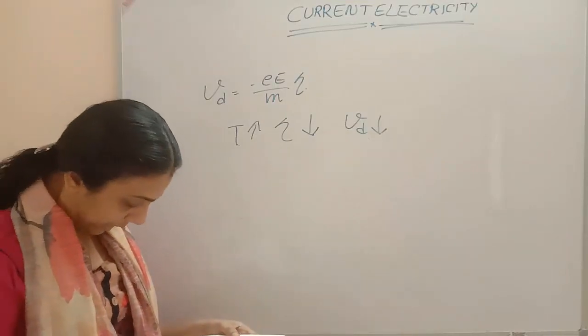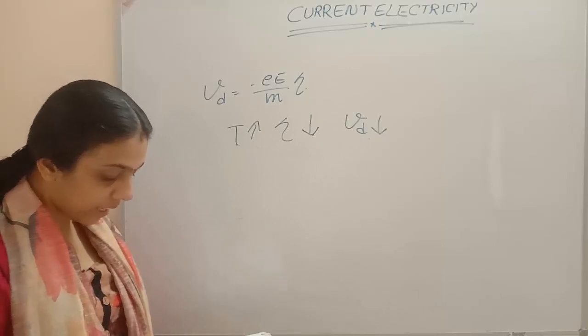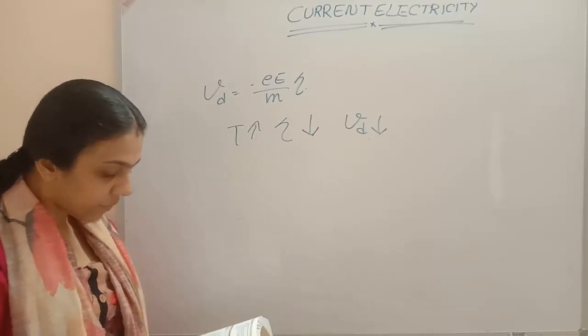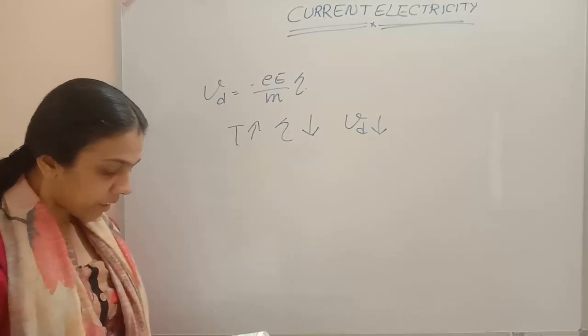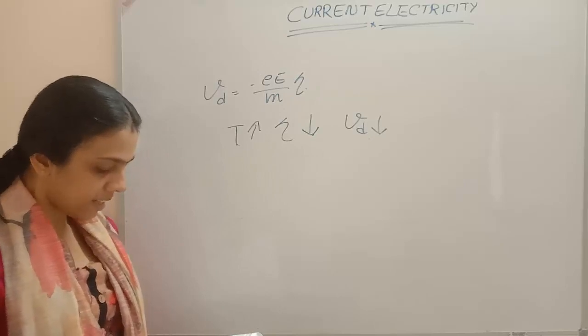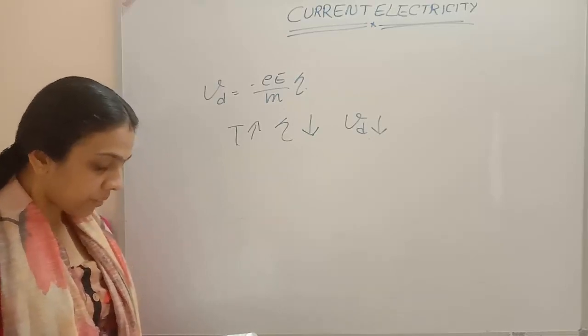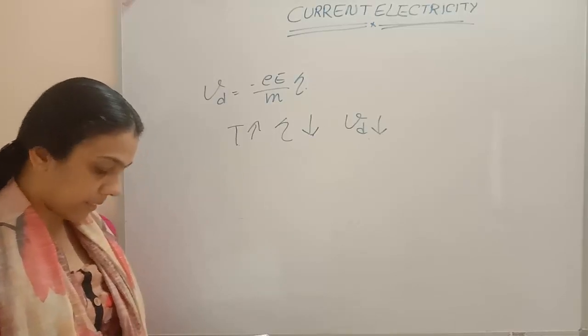Okay, so next is, two different wires X and Y of same diameter but different materials are joined in series across the battery. If the number density of electrons in X is twice that in Y, find the ratio of drift velocities in the two cases.